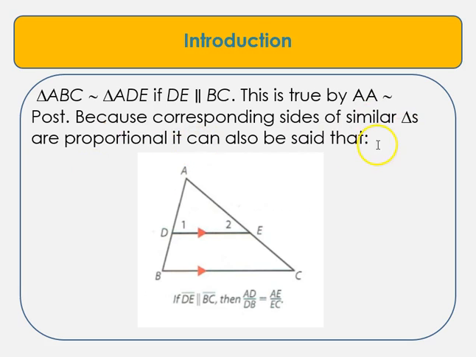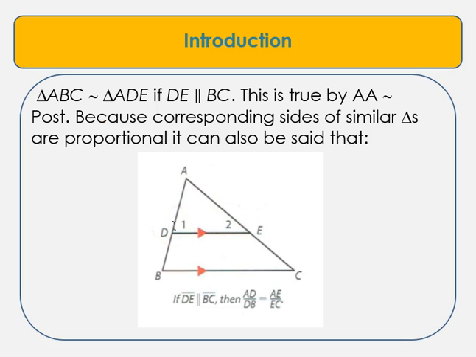It can also be said that AD is to DB as AE is to EC. Now, instead of comparing the left side of one triangle with the left side of the other triangle, or the right side of both triangles, or the bases of both triangles, we're now actually talking about pieces of triangles because of these parallel lines. So let me say that again for you and draw a picture so that you understand this.